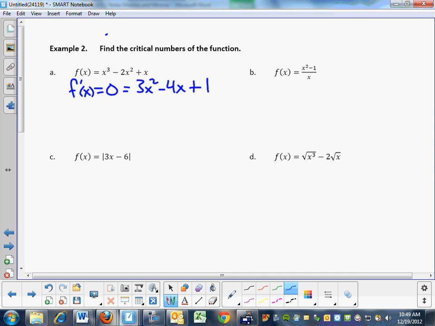Yeah. Does that factor? If it didn't factor, we would use the quadratic formula. This does factor. I have 0 equals 3x minus 1, I'm sorry, times x minus 1. What are your solutions? So I have critical points at x equals 1/3 and 1.